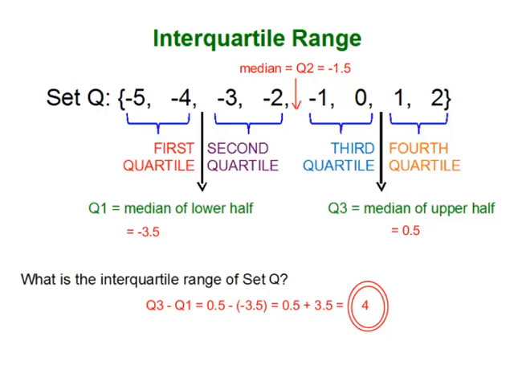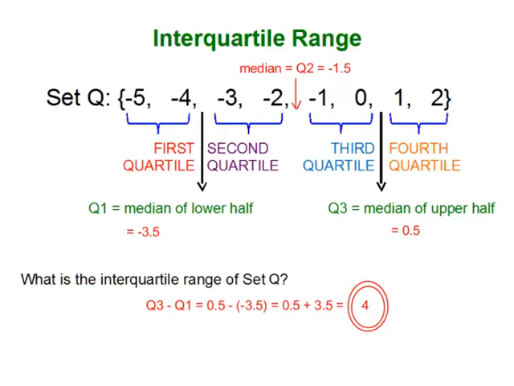And that actually sort of takes care of one thing that we would normally have to think about, which is that the median stands alone. So here the median isn't actually one of the terms in the set. So there's no way to accidentally include it in the upper or the lower half. So go ahead and include all the terms that are in the set as you think about those halves.